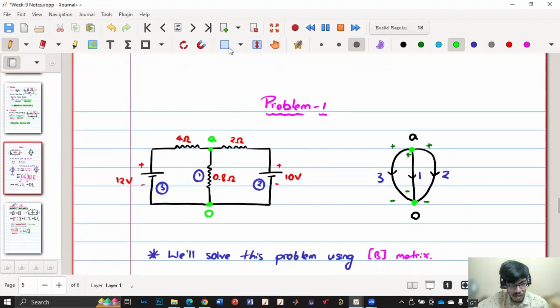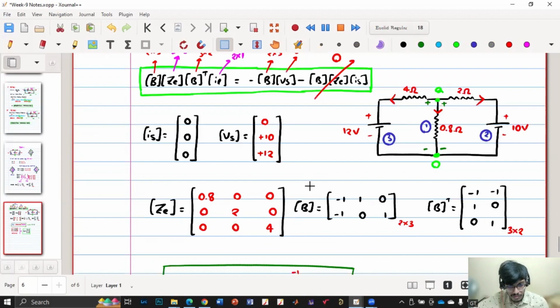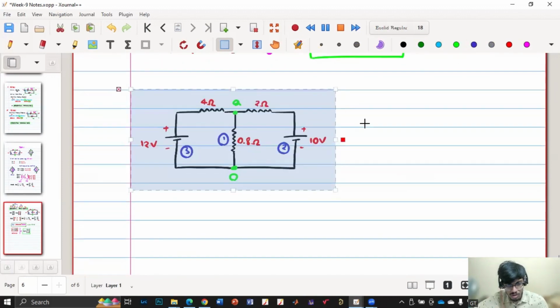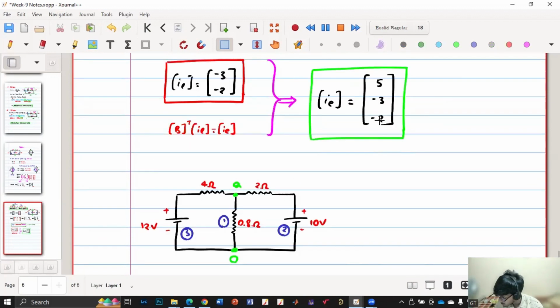But let us quickly go back and see whether it is correct or wrong. So I1 is how much? 5, and the other I2 and I3. So this current is 5.